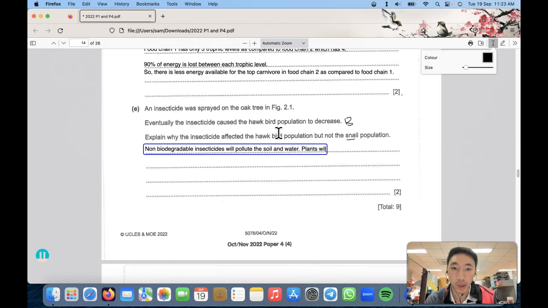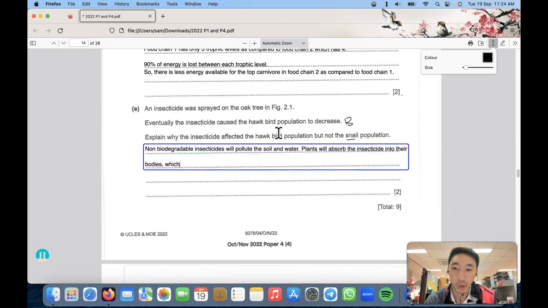Plants will absorb the pest insecticide into their bodies, which will then be consumed by the snails.